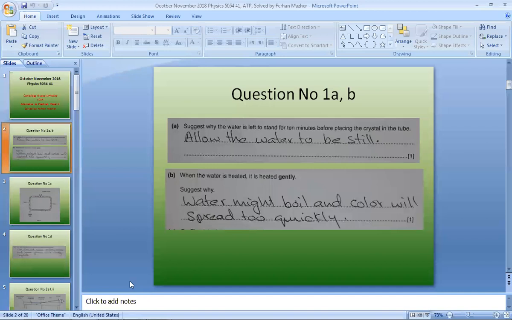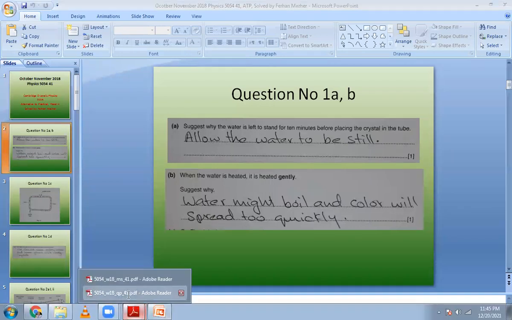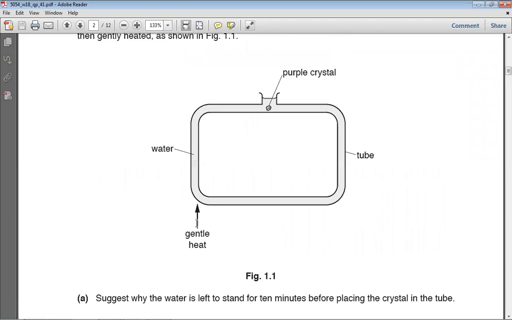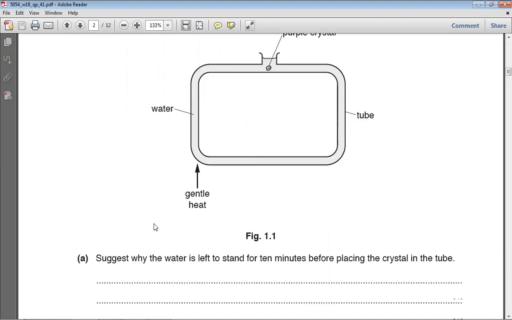Then the question says the water is heated gently. Suggest why. When you are heating the water from here, very mild heat is given. The reason is, if you give it excess heat, the water here will start boiling and the color will be mixed in this water very quickly.